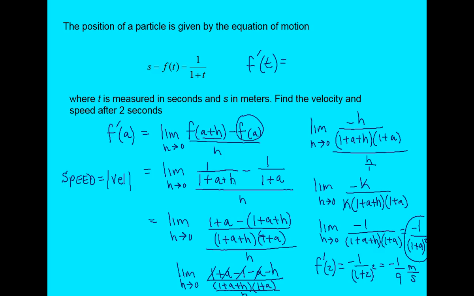So speed is always positive. Since the velocity is negative 1/9 meters per second, we take the absolute value to get our speed, which would be 1/9 meters per second. And notice this is positive because speed is always positive.